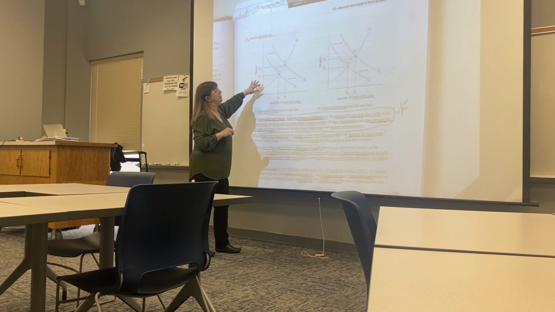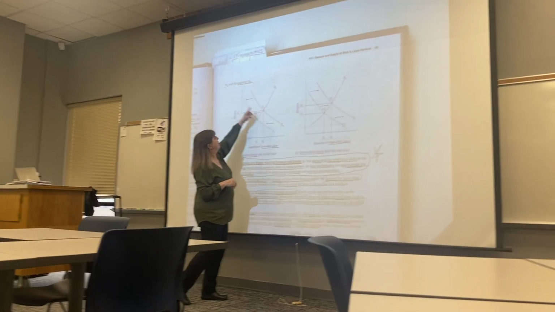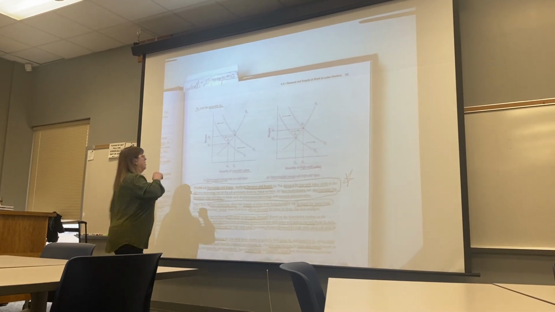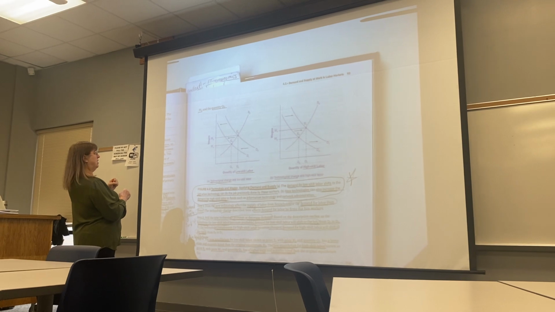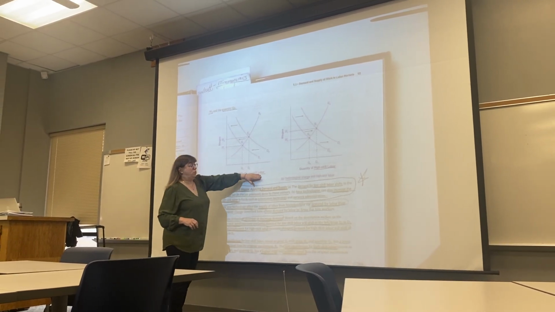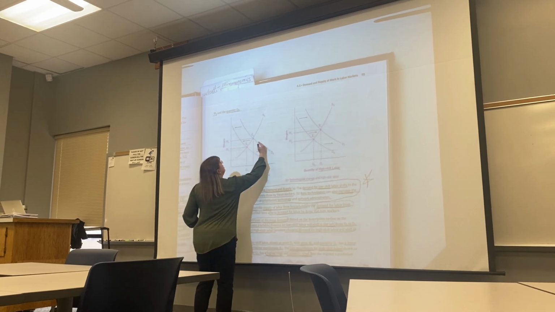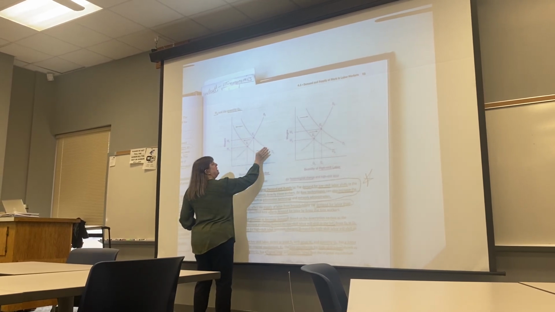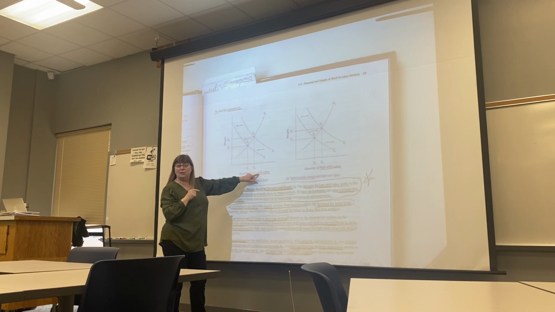Well, if we look here, you can see our demand and our supply. So for low-skilled workers, we would see a shift in the demand curve to the left because technology can replace low-skilled workers.